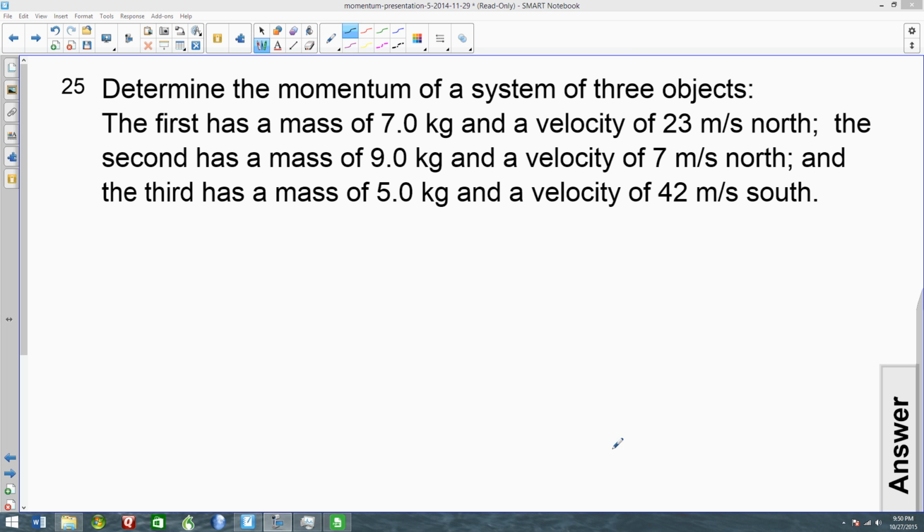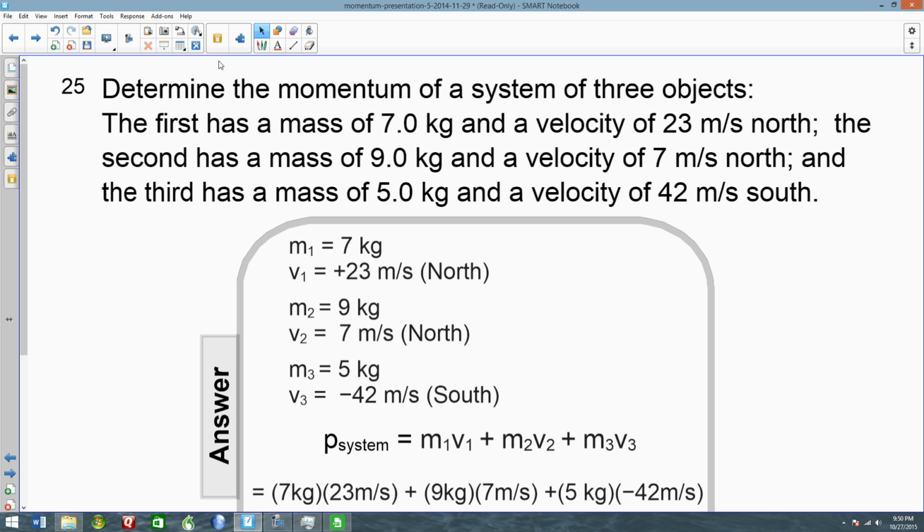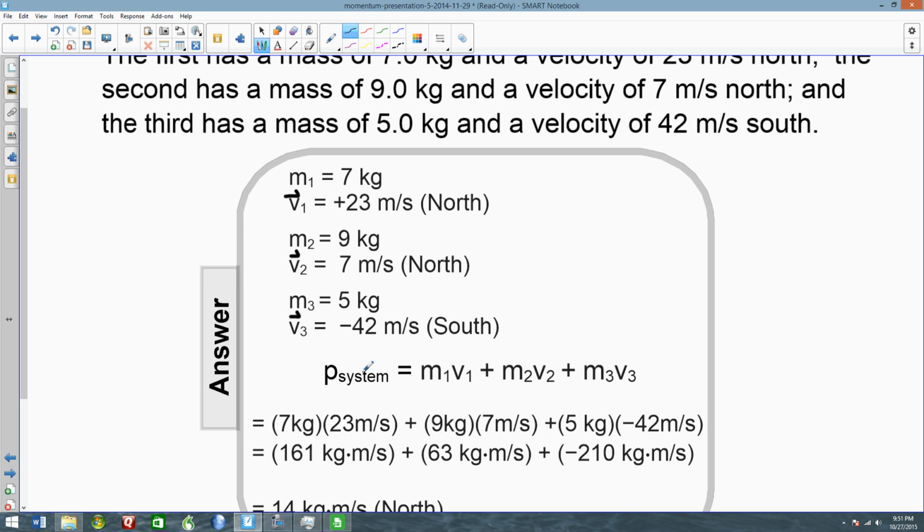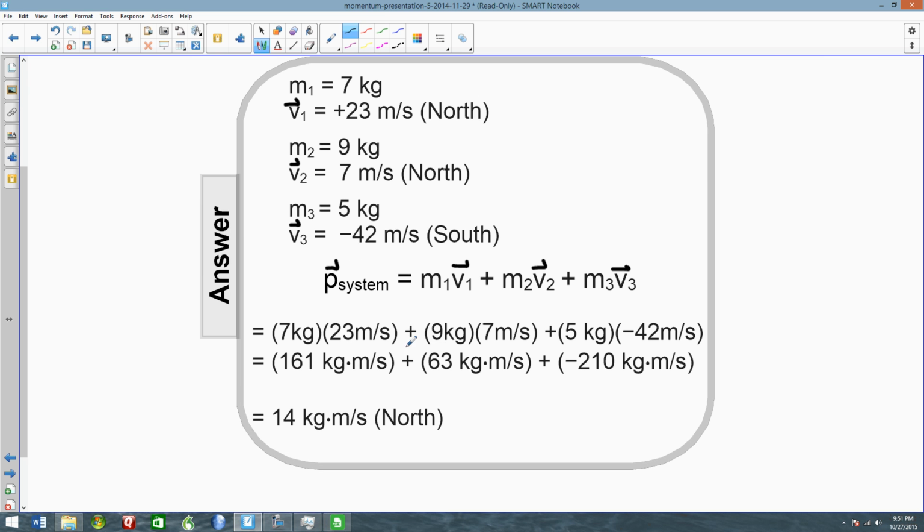Okay, let's go ahead and take a look at the solution. We have the mass of each object and the velocity of each object. The momentum of the system is going to be the momenta of each object added together. And we're going north for the first two and south for the last one.